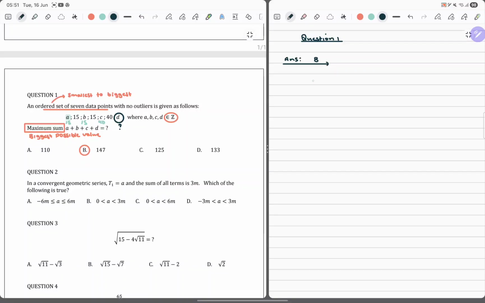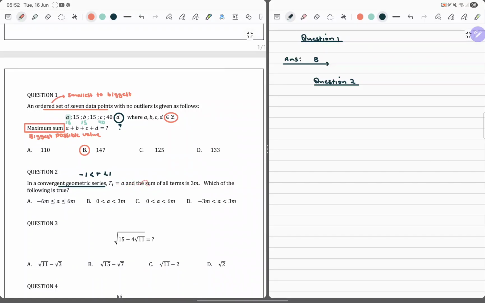All right, so let's look at question 2. Question 2 says, in a convergent geometric series, what do we understand by this? Convergent, the understanding that comes to mind is that r should be less than 1 but greater than -1. That's the main characteristic of a convergent geometric series.